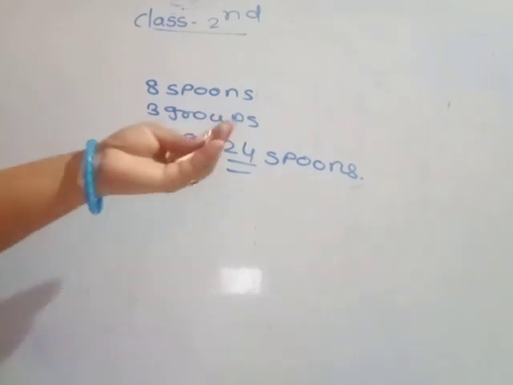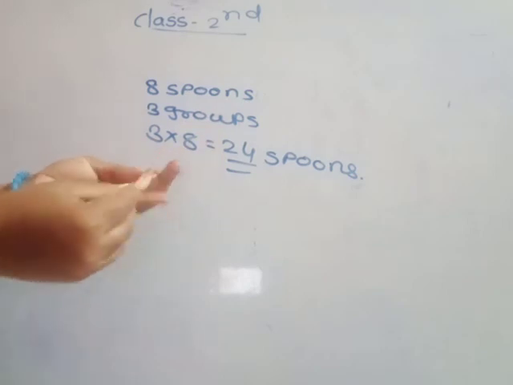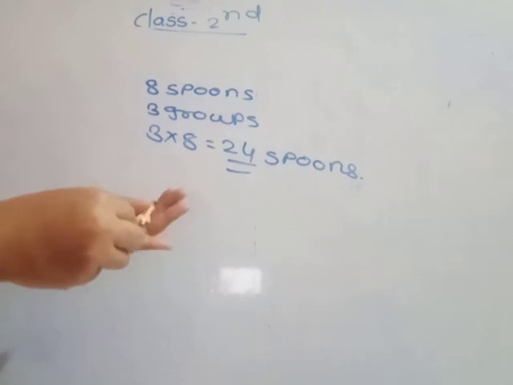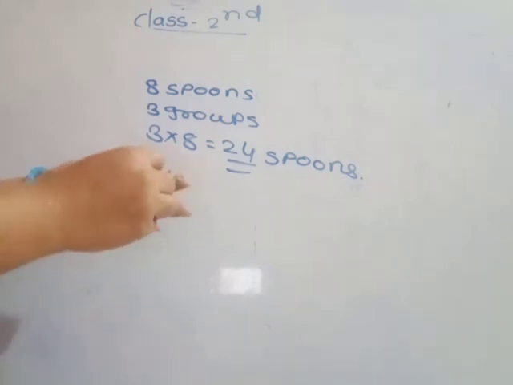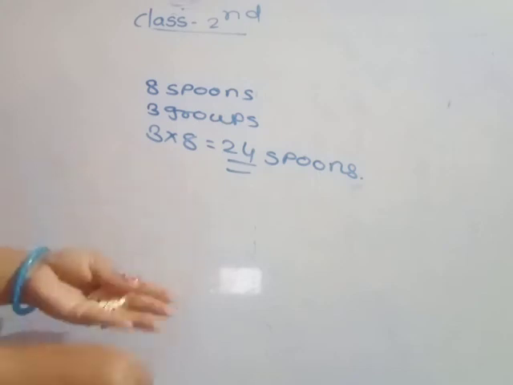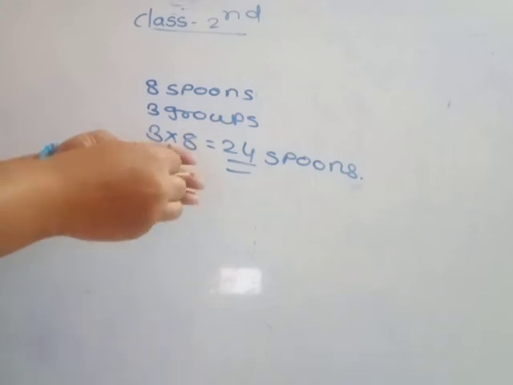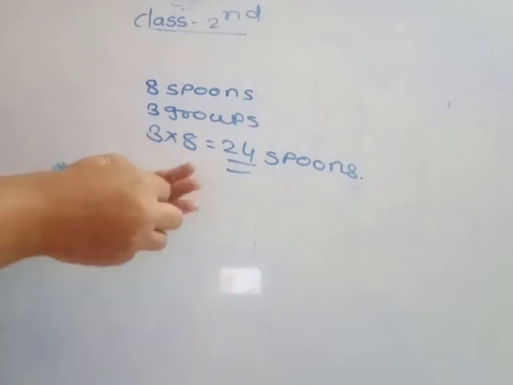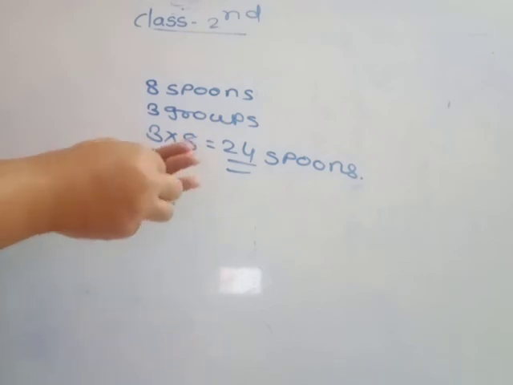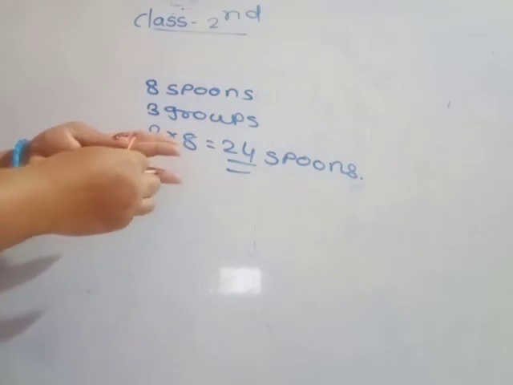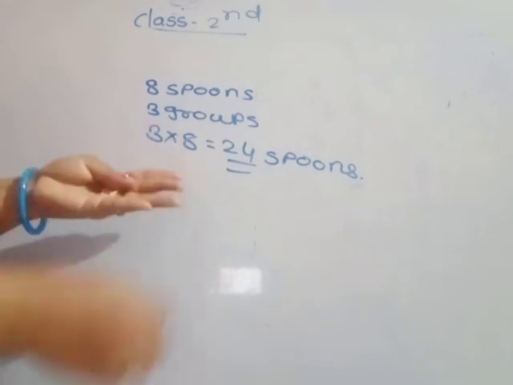Count these matchsticks. 1 2 3 4 5 6 7 8 9 10 11 12 13 14 15 16 17 18 19 20 21 22 23 24 25 26 27 28 29 and 30.